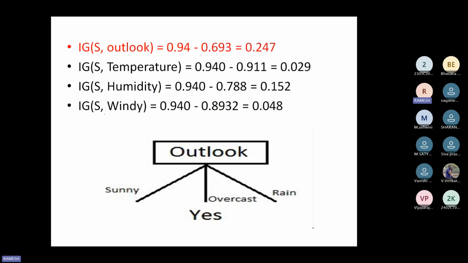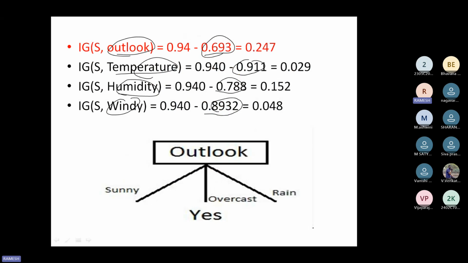Now the entropy of outlook we already calculated, that is 0.693. The entropy of wind we calculated as 0.8932, and the entropy of humidity and temperature are also calculated: 0.911, 0.788.